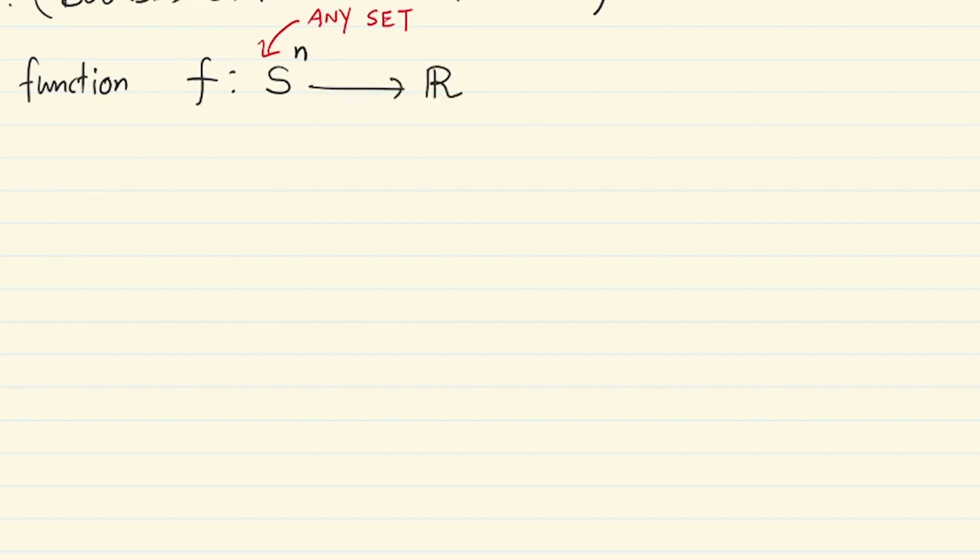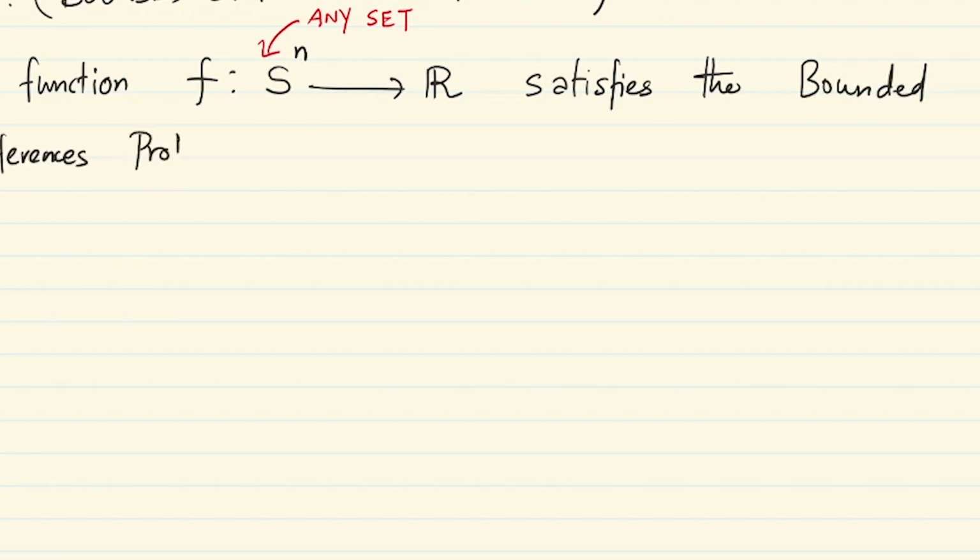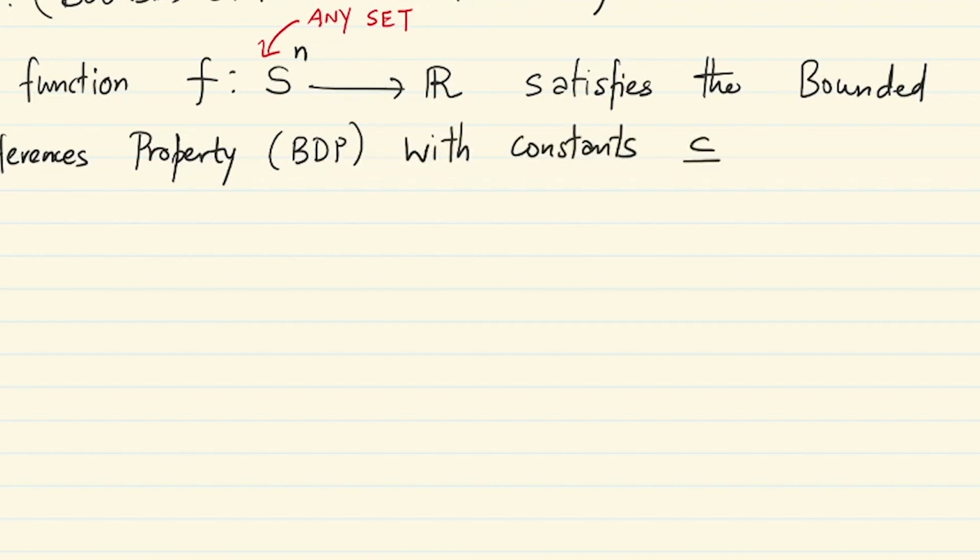So a function f of this form is said to satisfy the bounded differences property, let's call it BDP, with constants, a constant vector, let's call it c, denoted as c1 up to cn. So these are n real numbers.